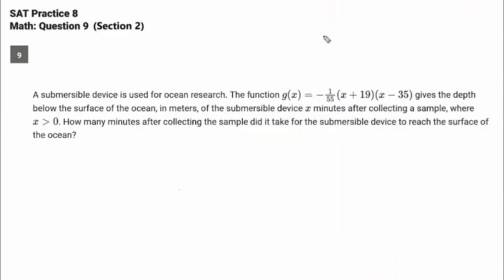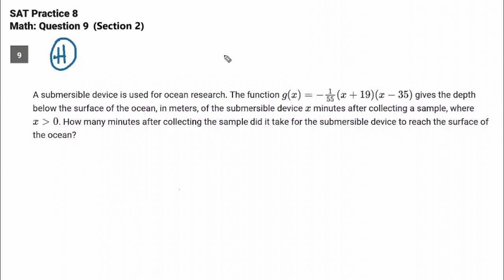We're on SAT Practice Test 8, Math Section 2, Question 9. What's the level of difficulty here? This problem is hard, or I'm calling it hard because it's going to be hard for a lot of people. And it's like so easy that it's hard. A submersible device is used for ocean research.